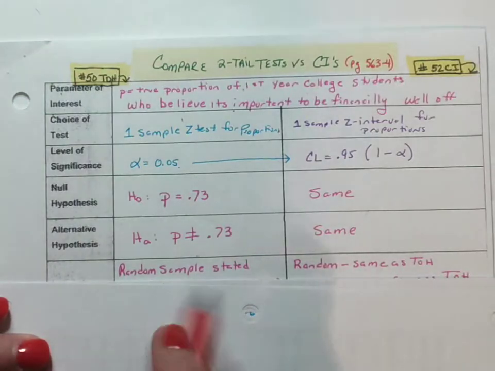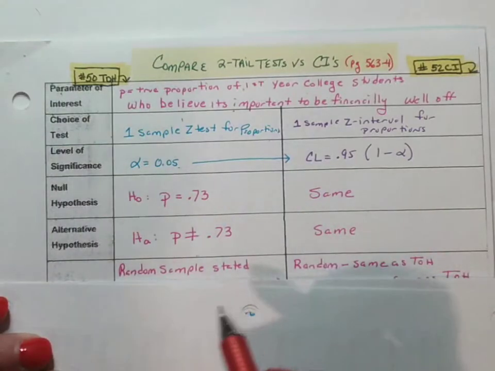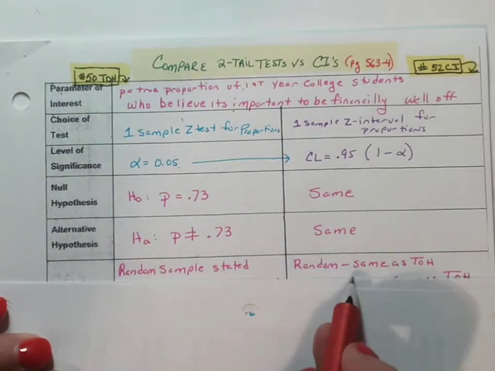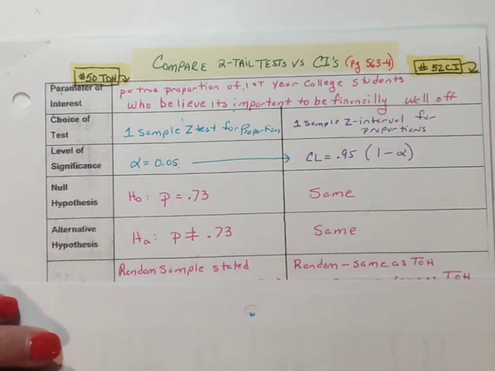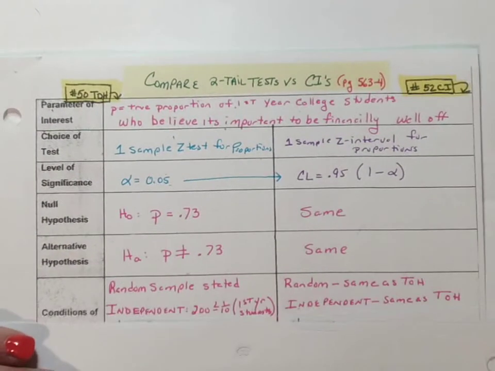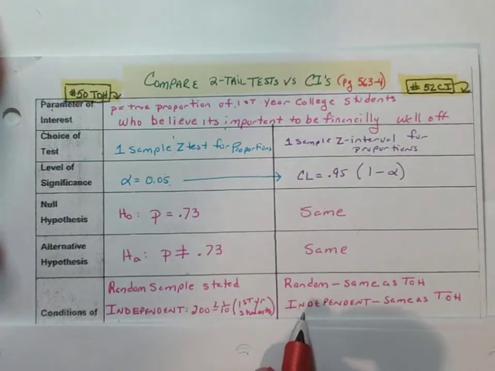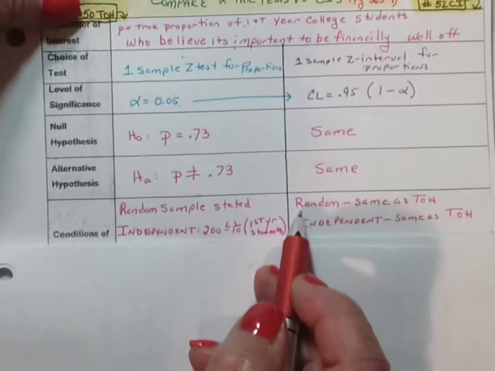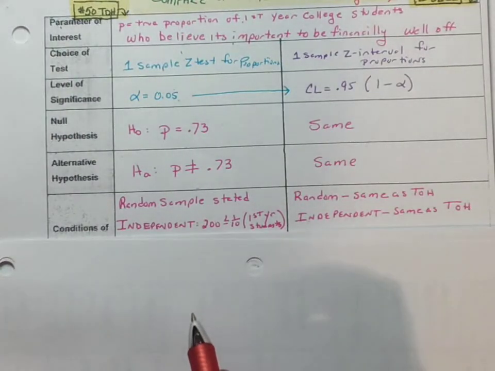The random condition is the same for the test of hypothesis and confidence interval. It was stated that there was a random sample. The independence condition is the same for both.